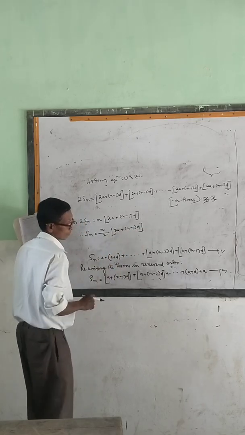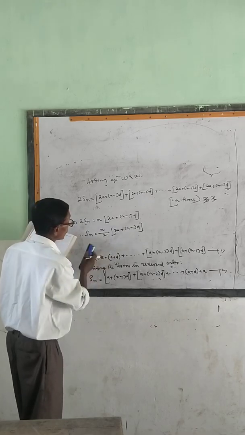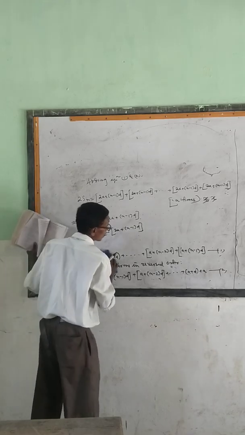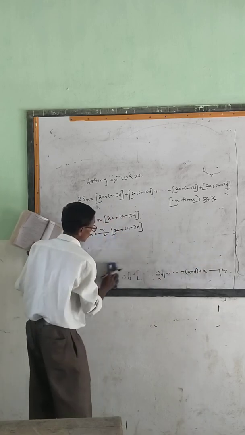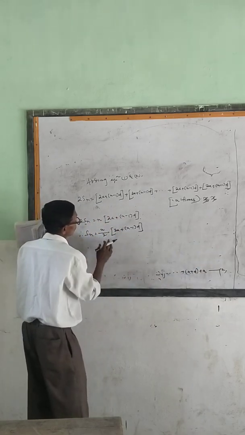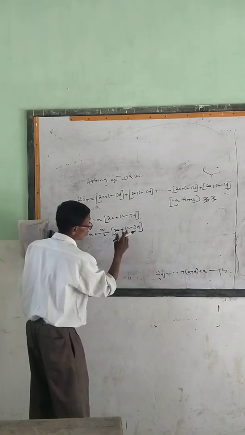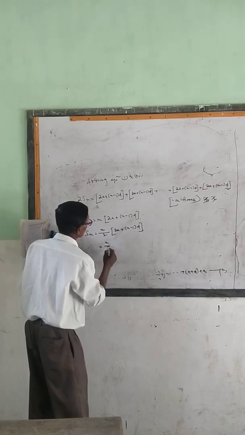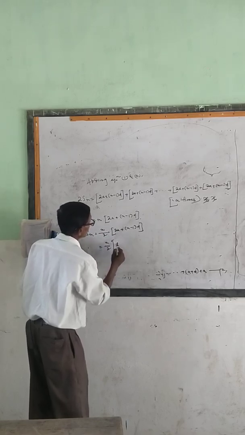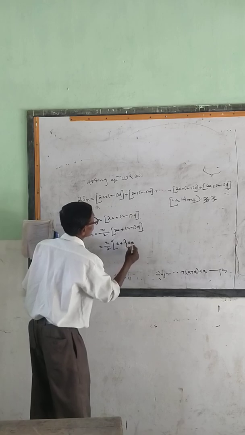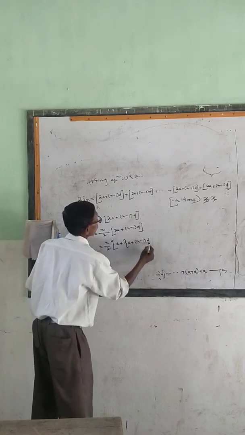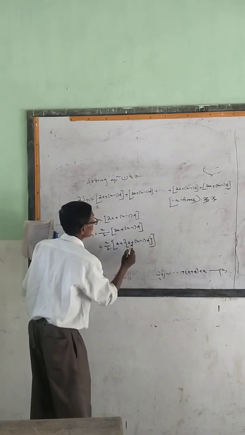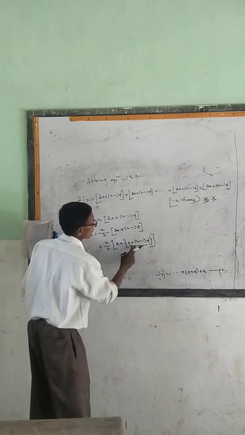In the past questions we have finished, either this or that I have given. So if they say n by 2 times (a plus l), you have to continue like this: n by 2 times (twice a plus (n - 1)d), and a plus (n - 1)d is the same as an.